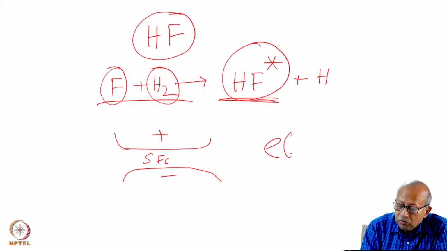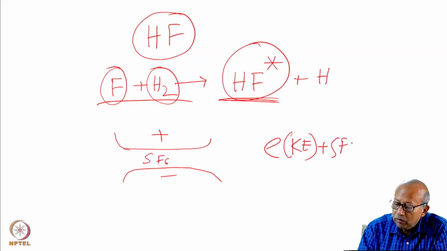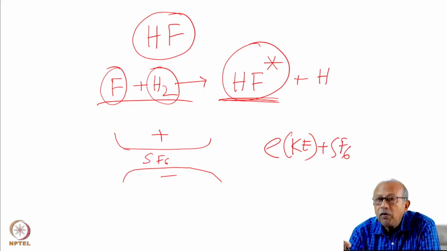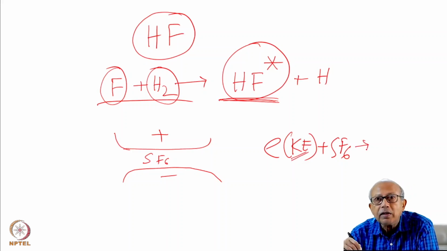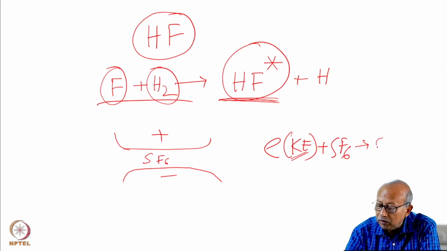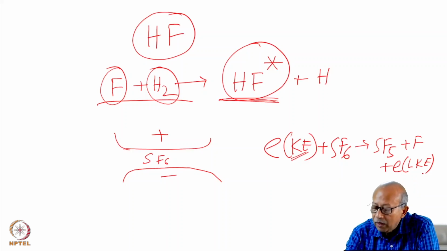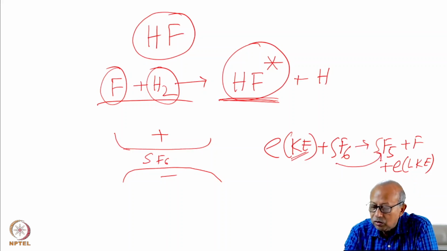Now, when an electron with appropriate kinetic energy collides with a sulfur hexafluoride molecule, if the electron has enough kinetic energy, it can utilize that energy to dissociate sulfur hexafluoride into SF5 plus atomic fluorine. The electron now moves with less kinetic energy, having supplied the energy of dissociation of SF6 into SF5.